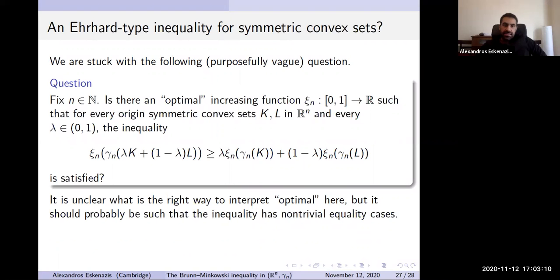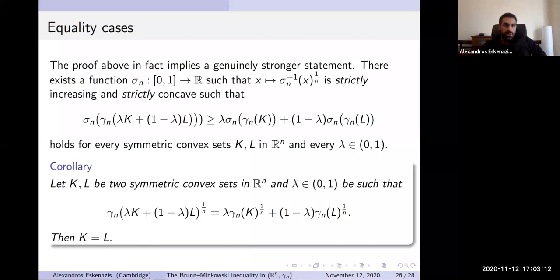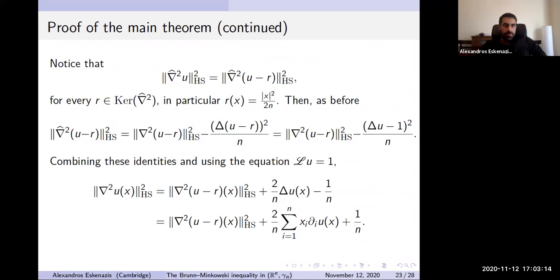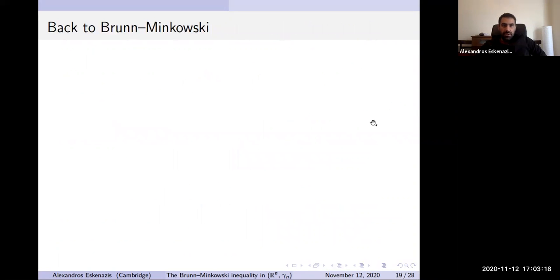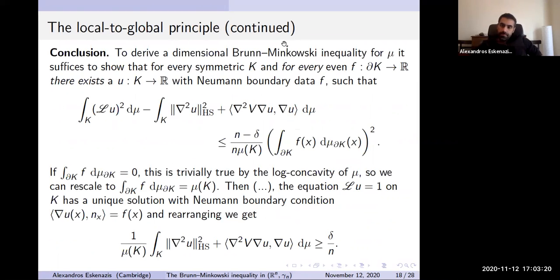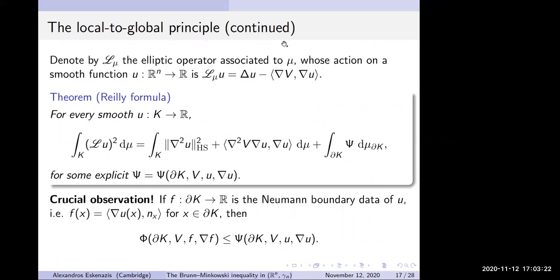Exactly. It's this L mu. Let me just find it for people to see. Exactly, it's right here. And in general, this local to global principle is in this generality. Is that correct? Or do you expect it for more than log concave? No.